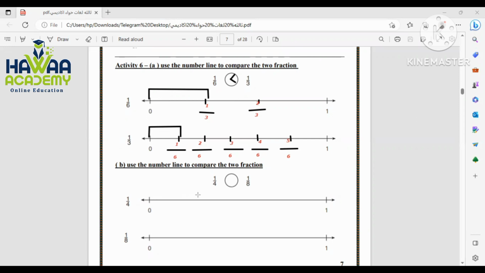Okay, let's compare 1 over 4 and 1 over 8. 1 over 4, 2 over 4, 3 over 4, and this is 4 over 4. 1 over 8, 2 over 8, 3 over 8, 4 over 8, 5 over 8, 6 over 8, 7 over 8, and this is 8 over 8. Let's write the fractions.